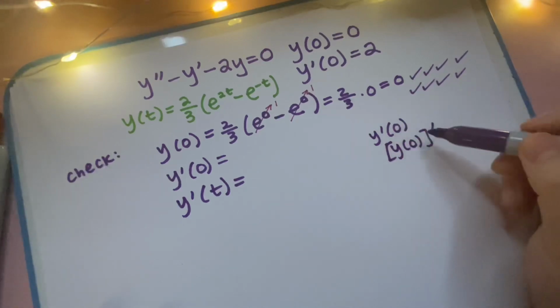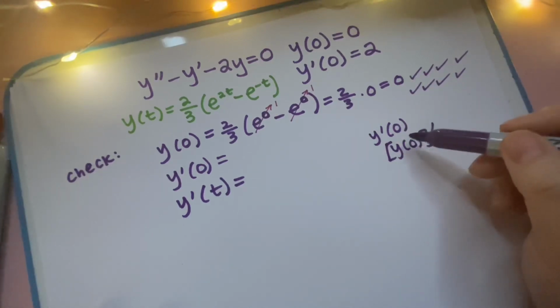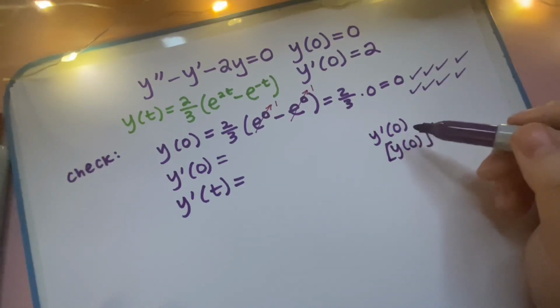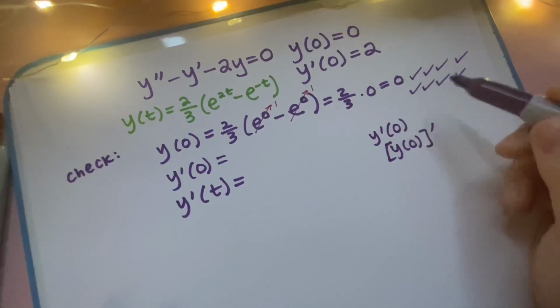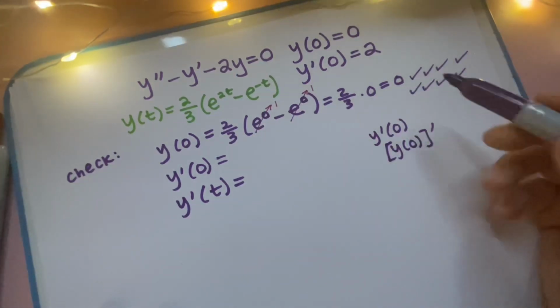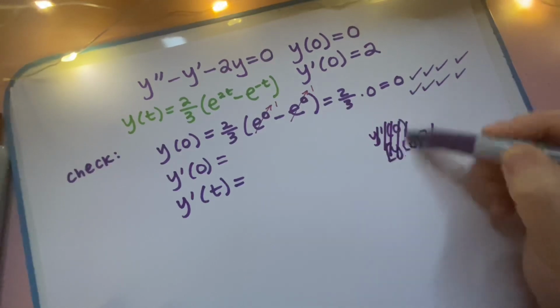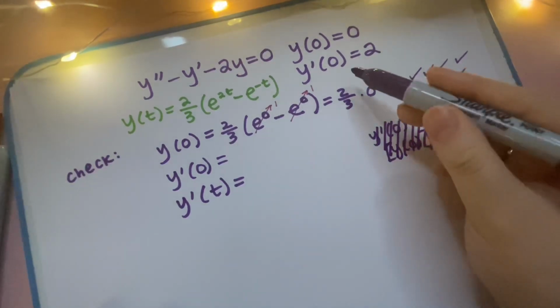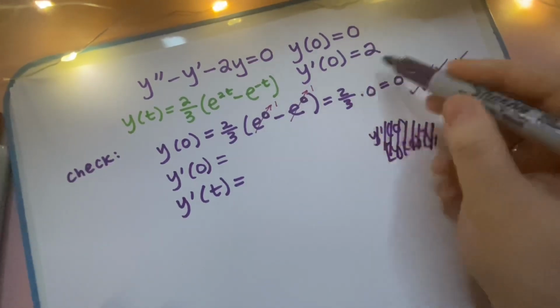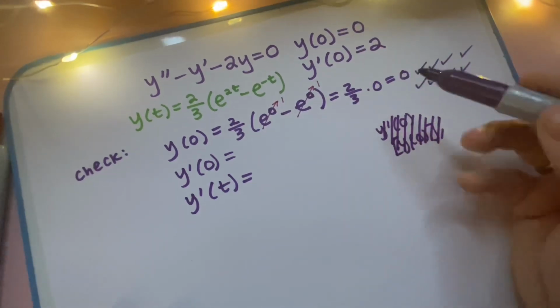But y prime of 0 means to take the derivative of y first to get that function, and then you put in 0 like we did here. So it's not like y prime of 0 is always 0, okay? So this doesn't contradict itself right now.